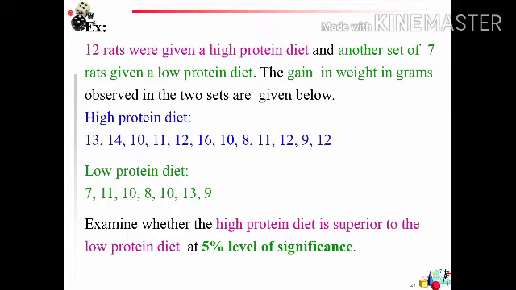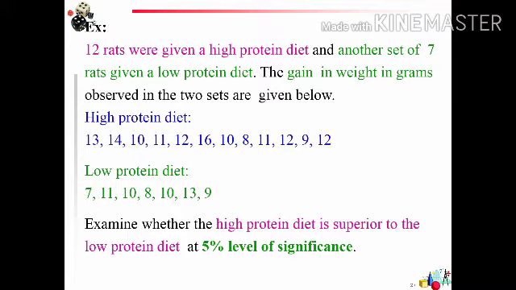Sample 1 includes 12 observations and sample 2 includes 7 observations. We want to examine whether the high protein diet is superior to the low protein diet at 5% level of significance. Here the direction is given.